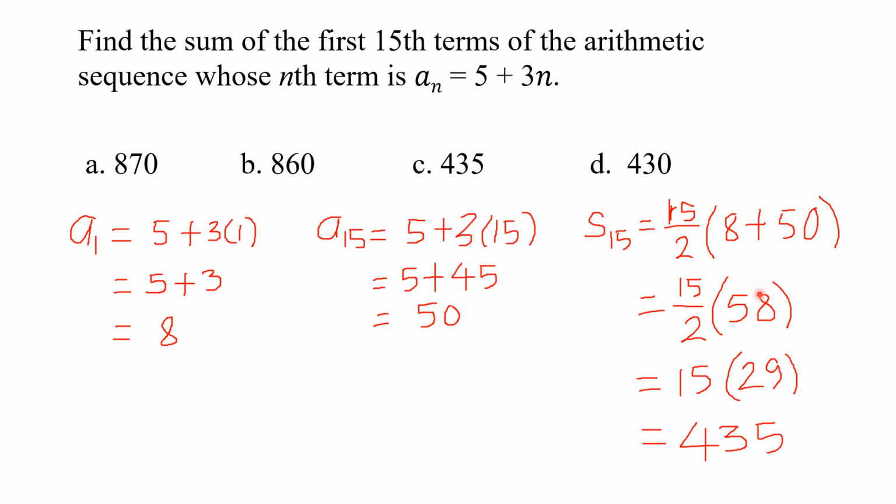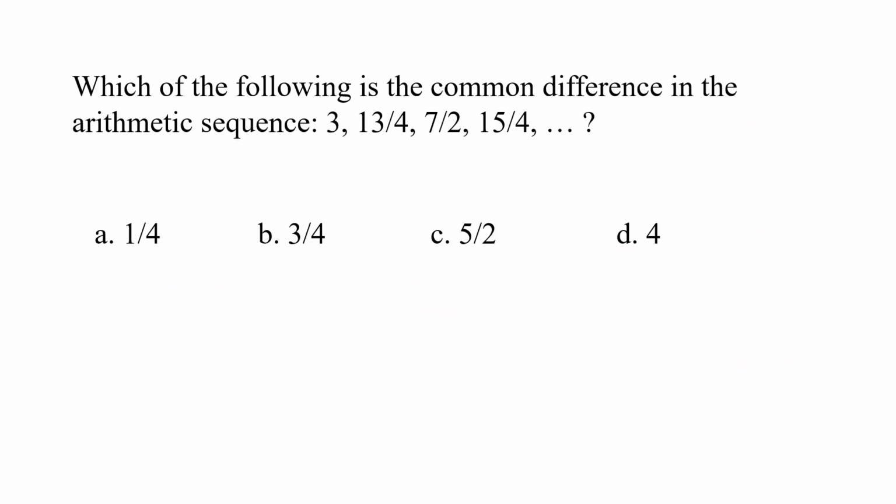So the sum is 58 divided by 2, we have 29 times 15. That is 435. So the answer is letter C. Yes, letter C. Let's proceed to the next problem.